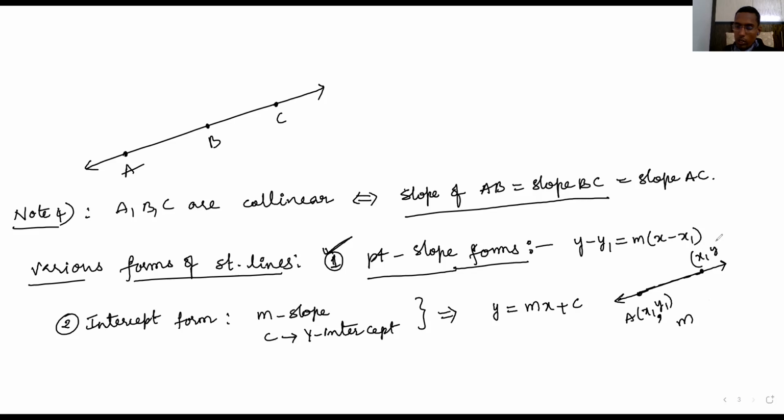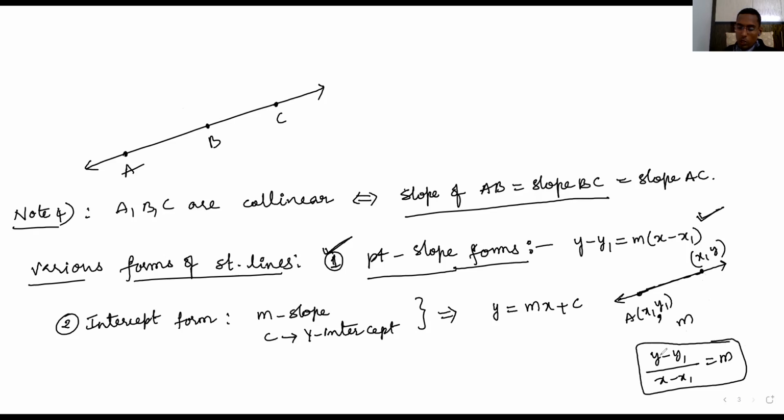Wherever you take the point, y minus y1 by x minus x1 always gives m, because the slope will be the same. So from that you get y minus y1 equal to m into x minus x1. That's the proof.